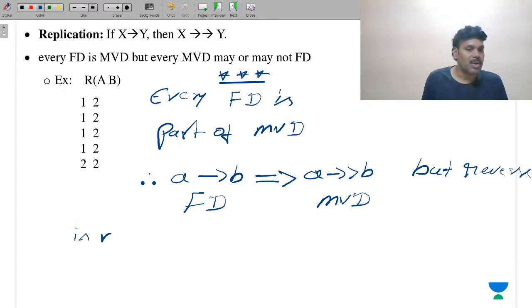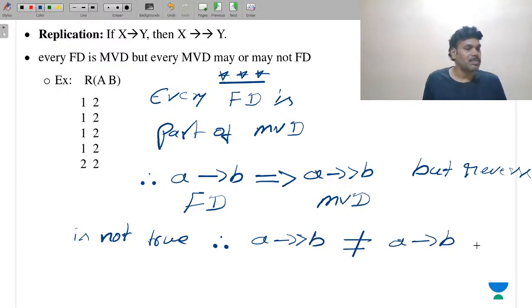The reverse may or may not be true. That means A implies B (FD) may or may not be equal to A implies B (MVD). This is another important rule.